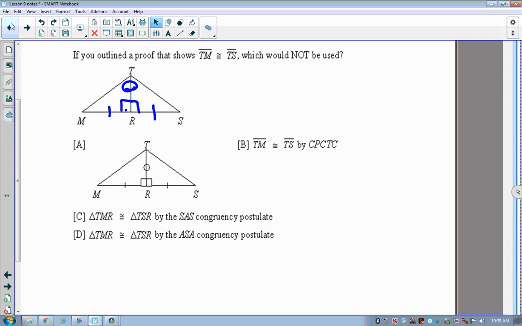Okay? So we're looking down at these parts. Am I going to prove that these two triangles are congruent through side, angle, side? Yes or no? Do I have side, angle, side there? Yes. Side, angle, side. All right. Do I have angle, side, angle? No. So the part that I'm not going to use, would not use in my proof, is that. Okay? I can't use angle, side, angle there.